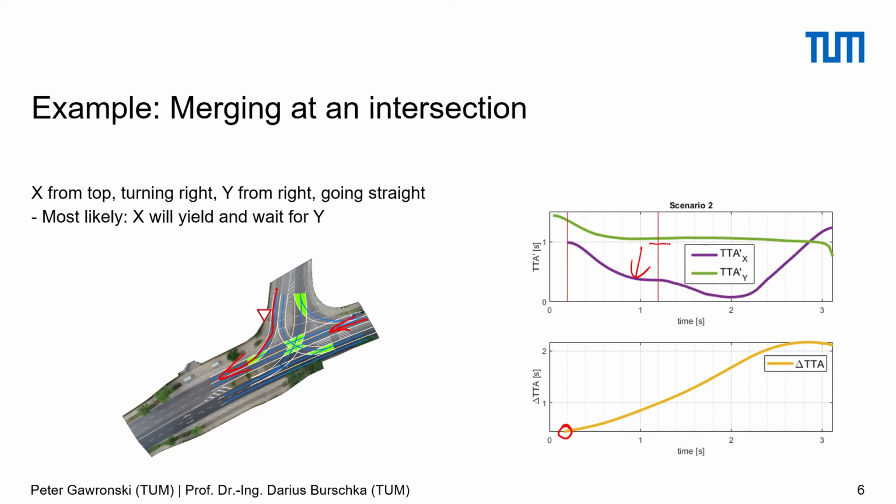But as you see, the other vehicle does not stop accelerating, so actually it collaborates with the first vehicle because it passes this area earlier, so the second vehicle can accelerate here again. And at the very end, when the Y vehicle is at this intersection, the TTA is more than 2 seconds.